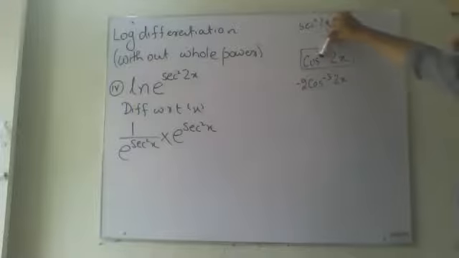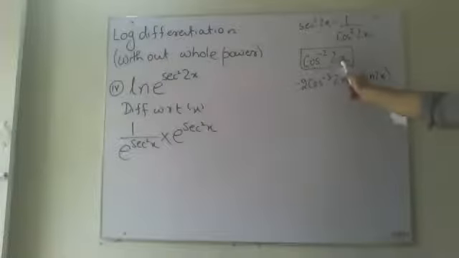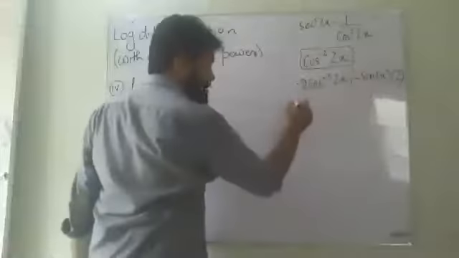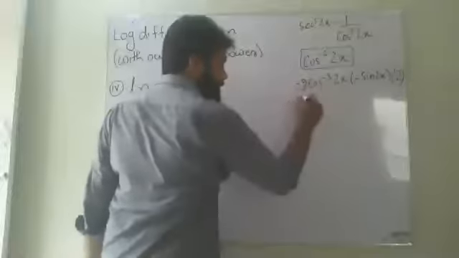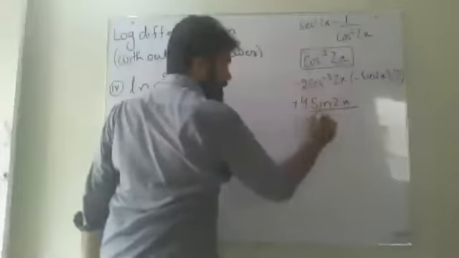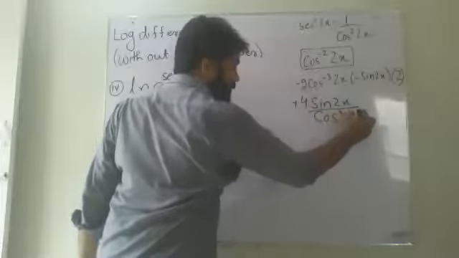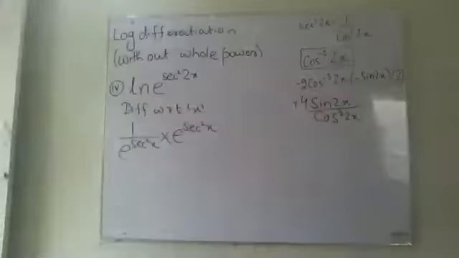This will become minus 2 cos to the power minus 3, 2x. Then differentiating it without the whole power, cos 2x will become minus sin 2x, and then the differential of 2x will be 2. So when I simplify it, this will become minus minus plus, 2 twos are 4 sin 2x over cos cube 2x.